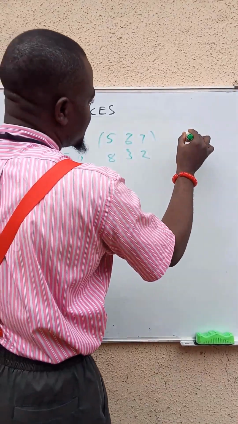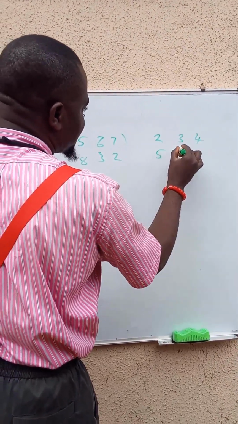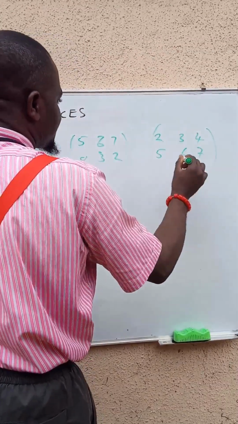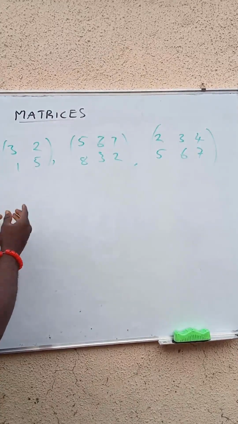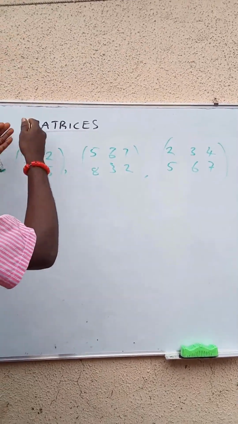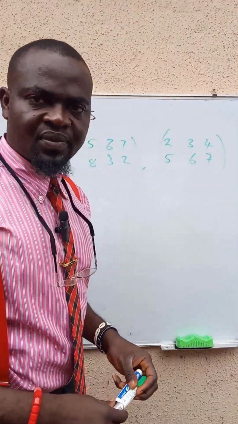You can have one of 2, 3, 4, 5, 6, 7. These are examples of matrices, a set of numbers arranged in rows and columns to form a rectangular array.